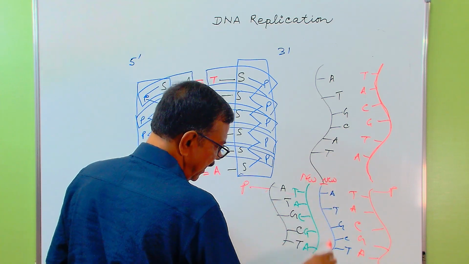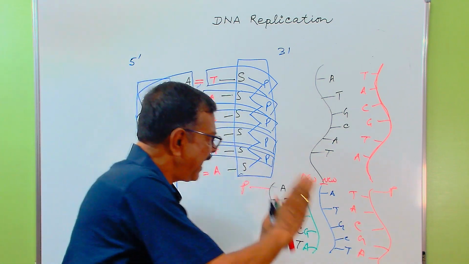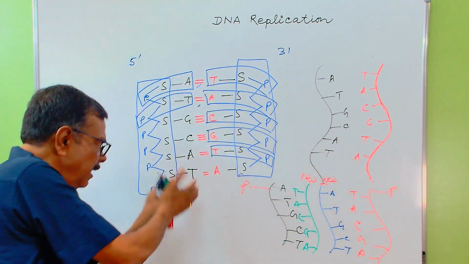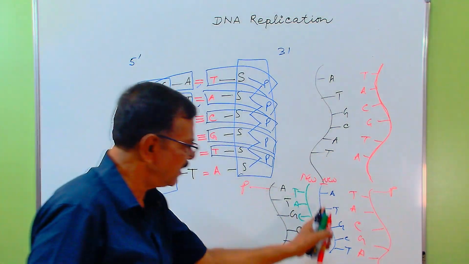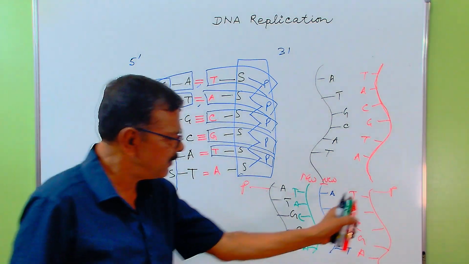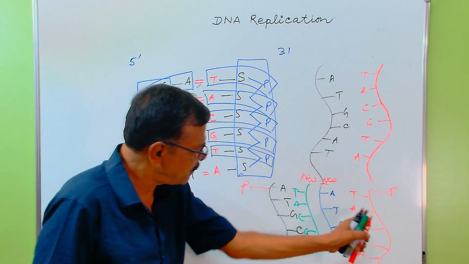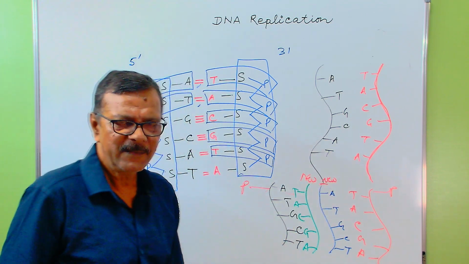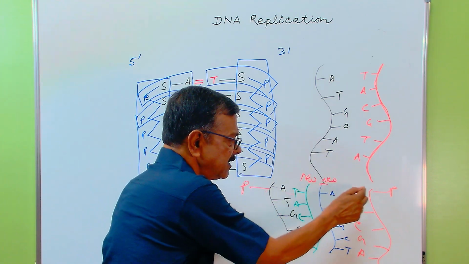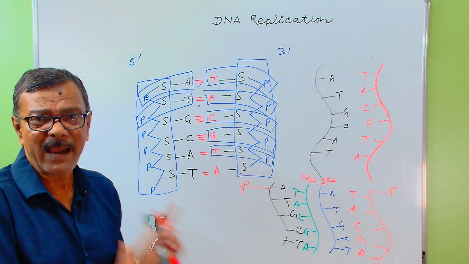So the new strand will have the complementary bases exactly identical with that of the parent strand, but this is new. Say for example, this is produced in 1965 and this is produced in 1966. But both are the same, both are identical.